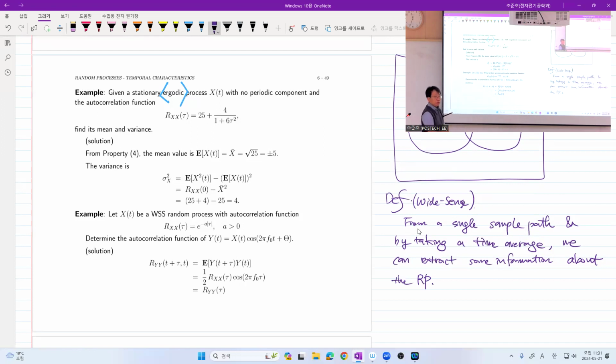Got it? So why do we need this definition? It is because of what I told you already. In our mathematical definition, we can observe only a single sample path if our random process has sample paths that expand from negative infinity to positive infinity.